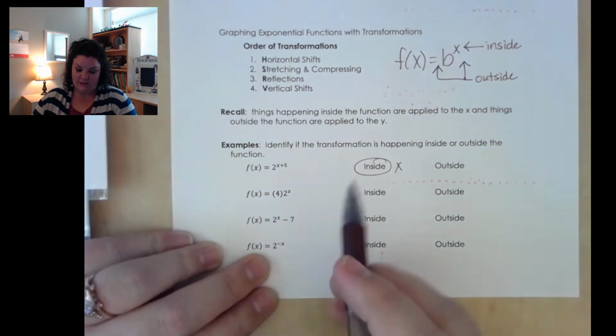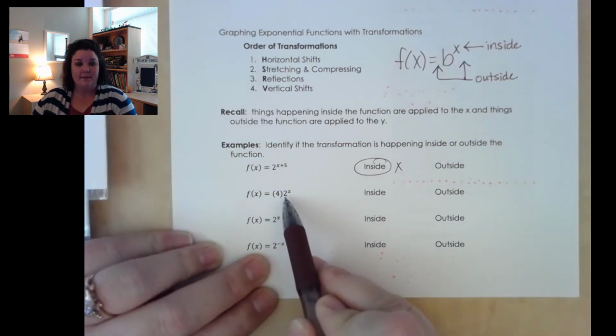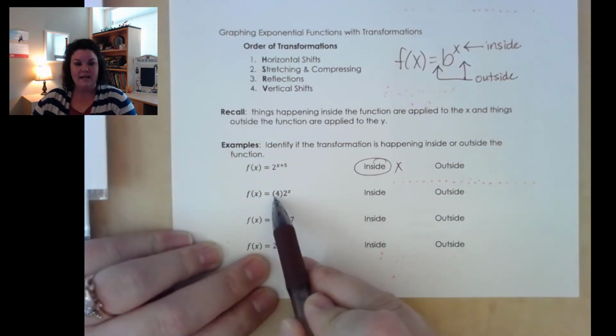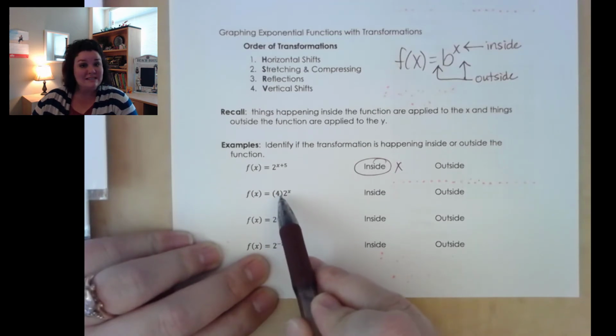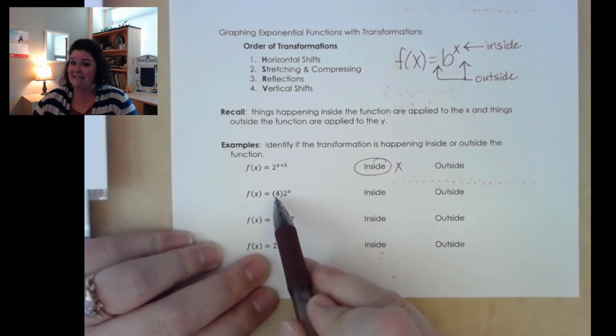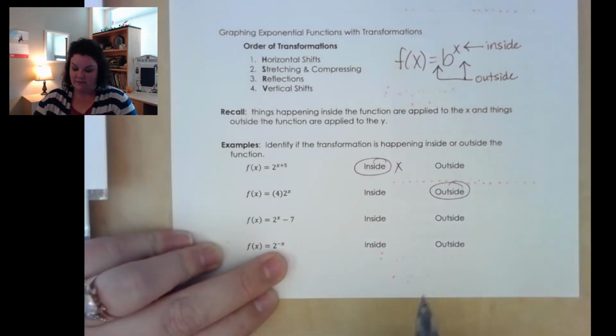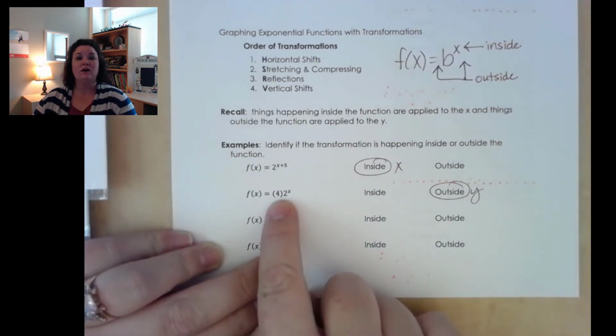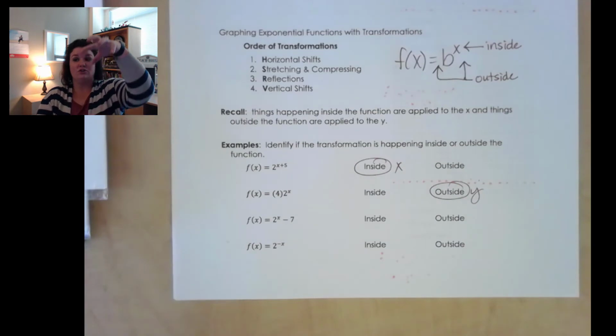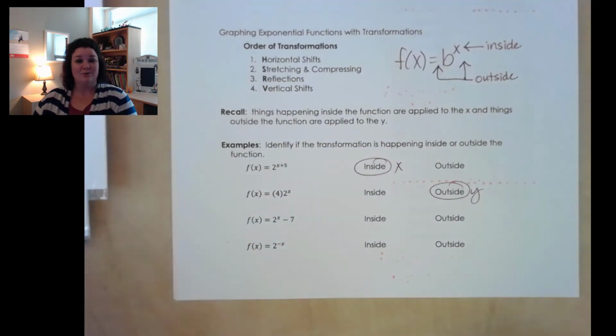Notice my parent function is still 2 to the x, but this time I have this multiplication of 4. Now the 4 is not in the exponent, so it's not inside the function, it's outside the function. And if it's outside the function, that means it's affecting the y. Okay. So if I have a multiplication of 4, that's actually going to vertically stretch my exponential graph.